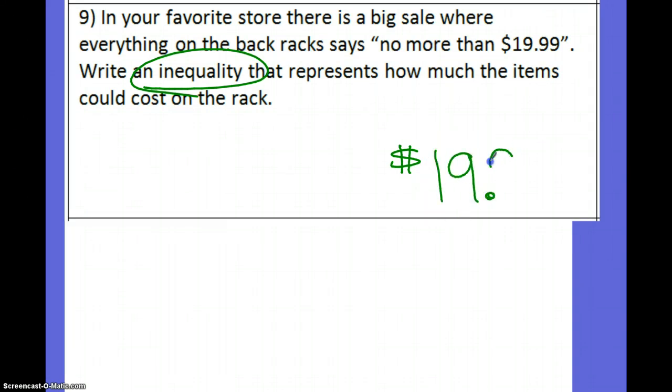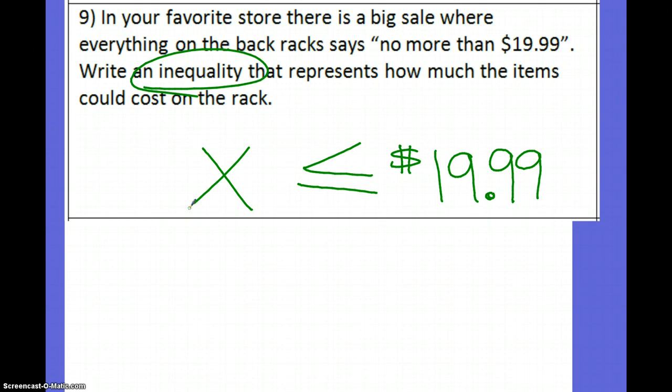Yes, they could be less. So we have this sign, less than $19.99, or they could be equal. They just cannot be more. So we would have all of our clothes are less than or equal to $19.99, and that is our answer for number 9.